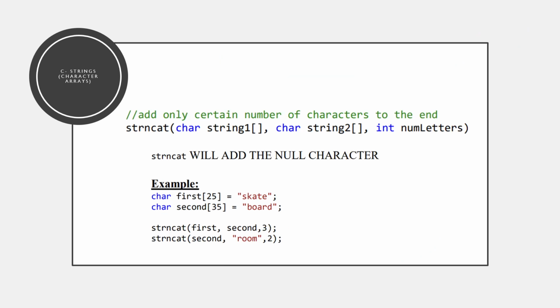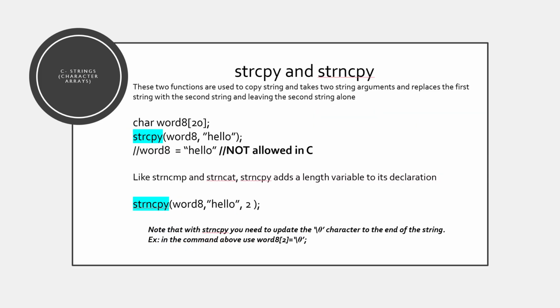All right, so concatenating only 2 letters, we already did that. String copy. So another thing in C++ is that once you've declared your array, you can declare and initialize it, but later you should not, although modern compilers do allow it, you should not be allowed to assign one string to a character array variable.